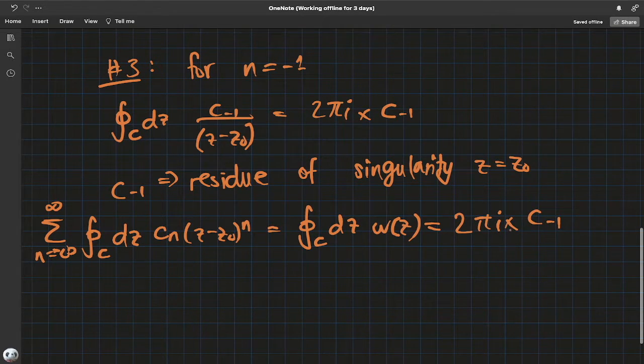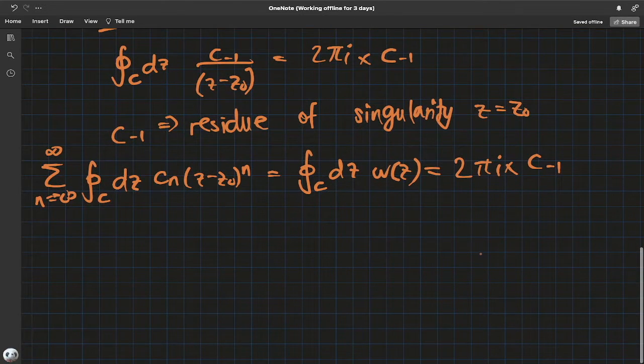So 2 pi i times c sub -1, which is a result that is kind of intuitive, or you might have seen this before. I actually started with this result in the complex analysis playlist before even covering this topic.